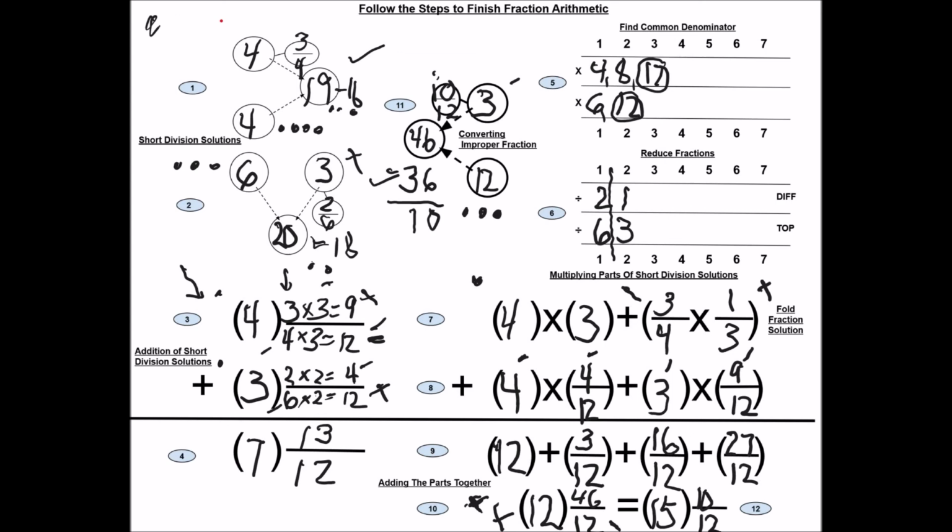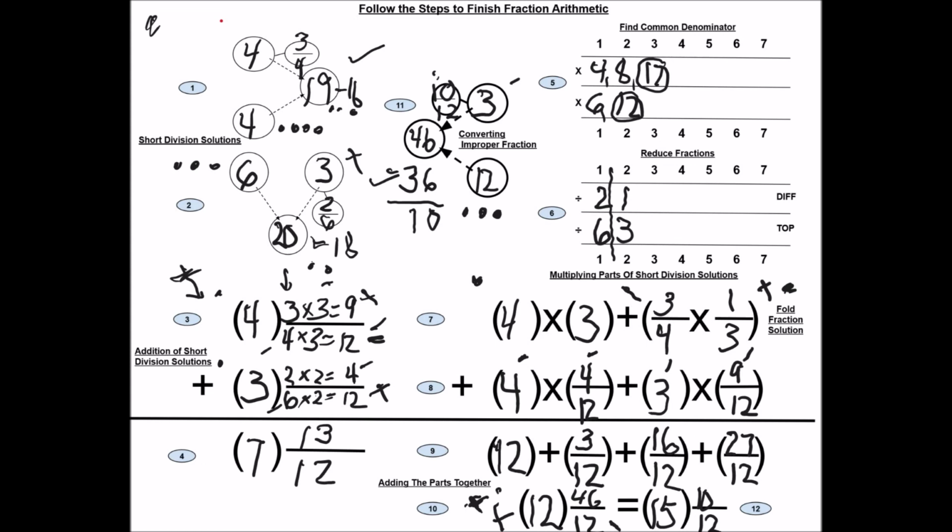So now I've completed all the fraction arithmetic. I have divided the short division problems. I've added the mixed numbers. And I have multiplied the parts of the mixed numbers. And I have added those products together to get our answer of 12 and 46/12.